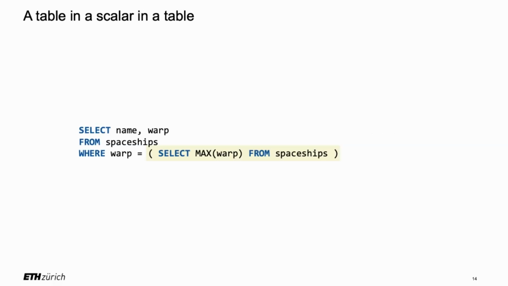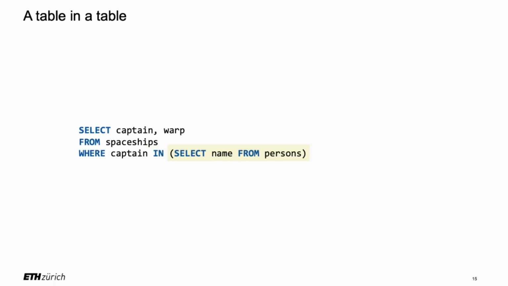All right, so it's very common actually to do that sort of thing where you nest a query inside the where clause in that way, right? Very common thing to do. Here's another common thing to do. You can also use the in clause in the where statement. So you can test whether the captain is in a specific list. And here you can also use a select from where, but this select from where can return any number of values you want, as many records as you want.